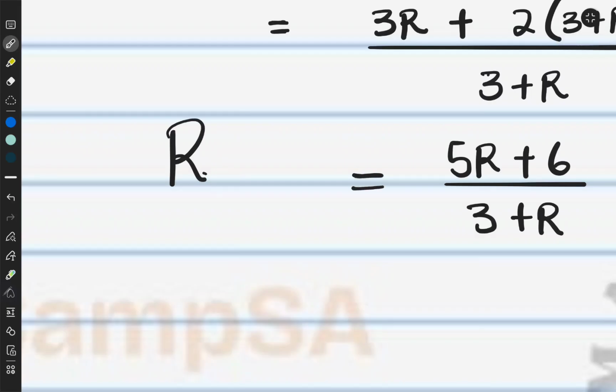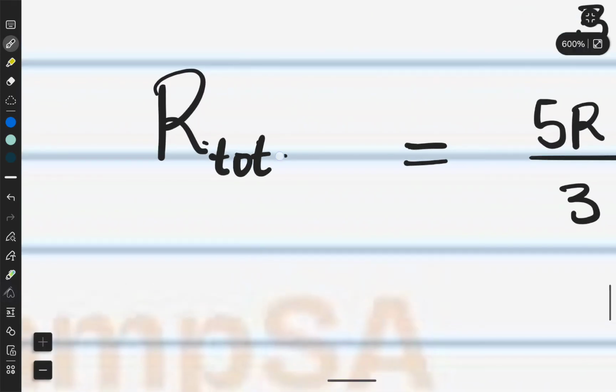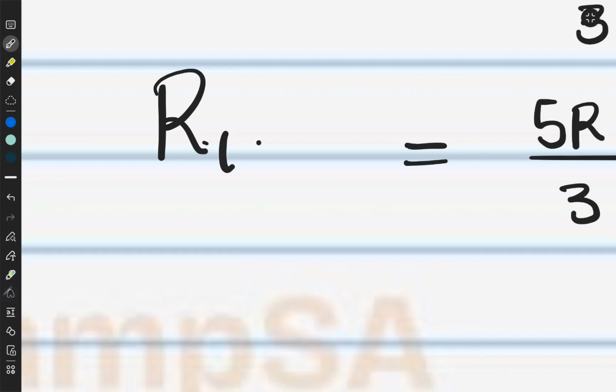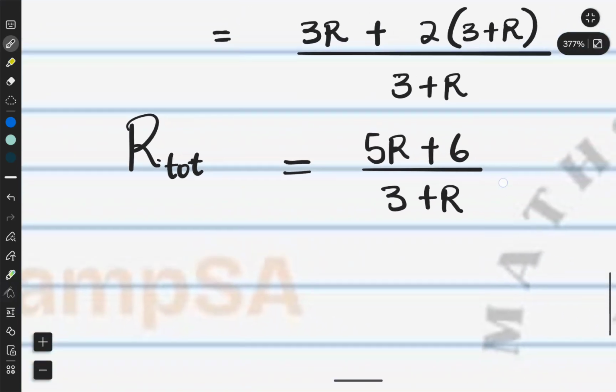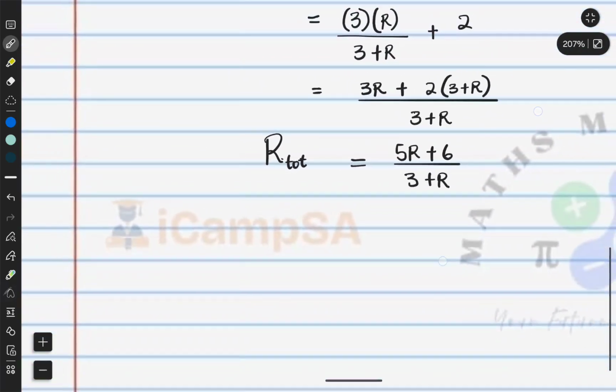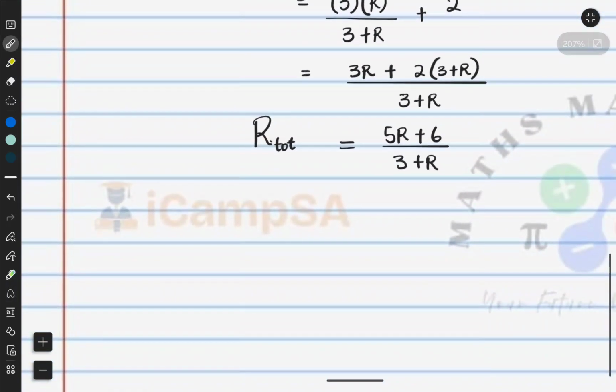I don't want to write it like this, I want to write total. I don't want that, so I write tot. Tot sounds cooler, if you know what I mean. So R tot is equal to 5R plus 6 over 3 plus R.